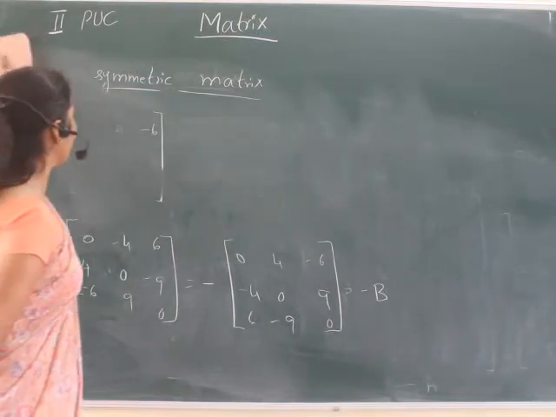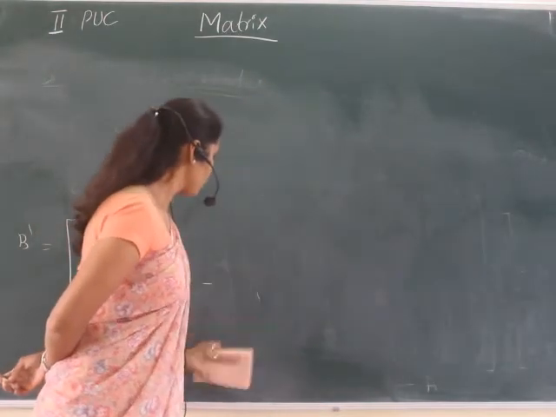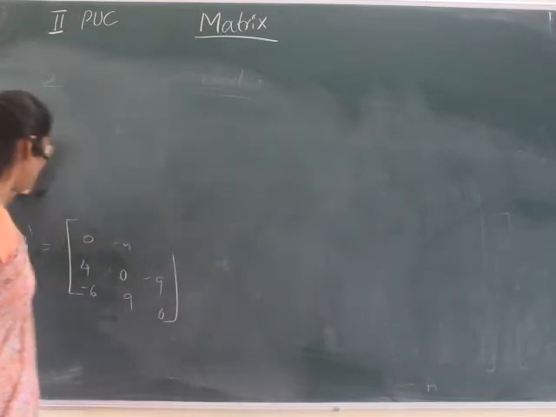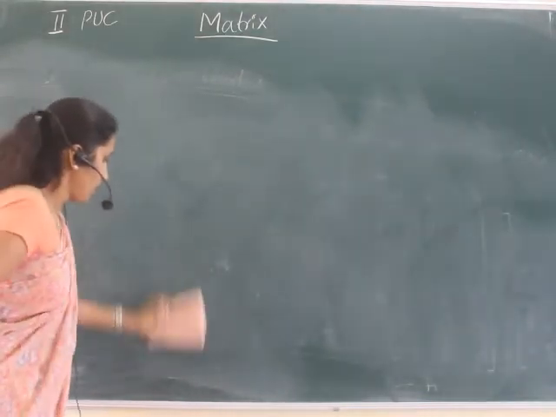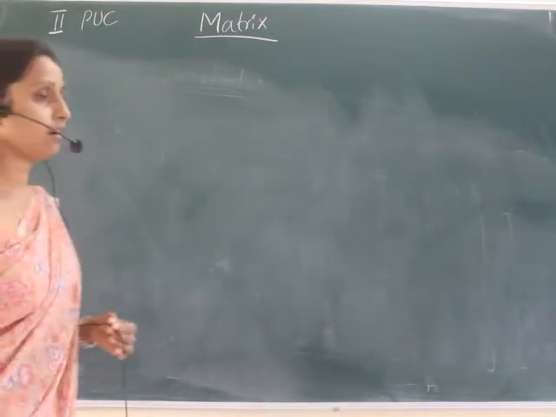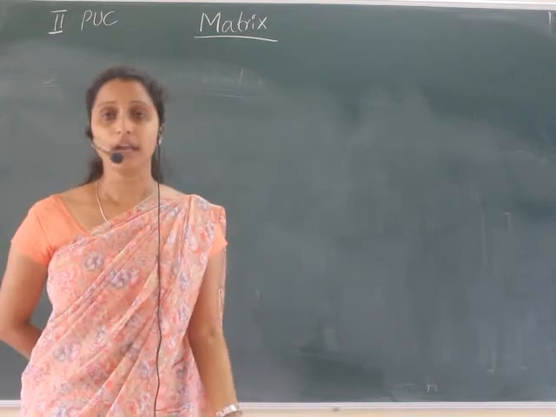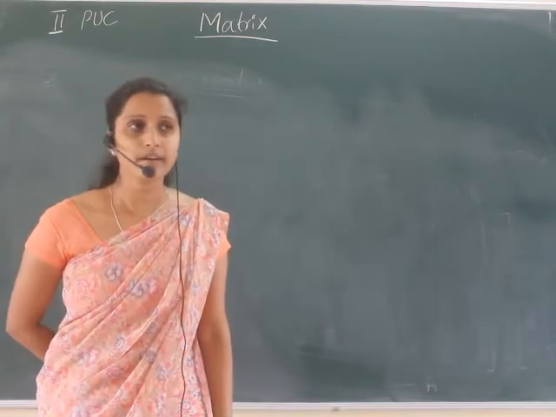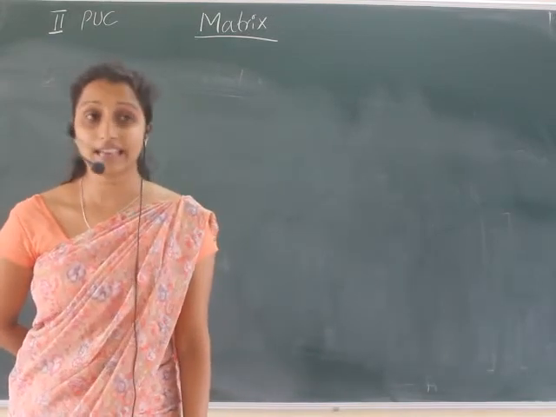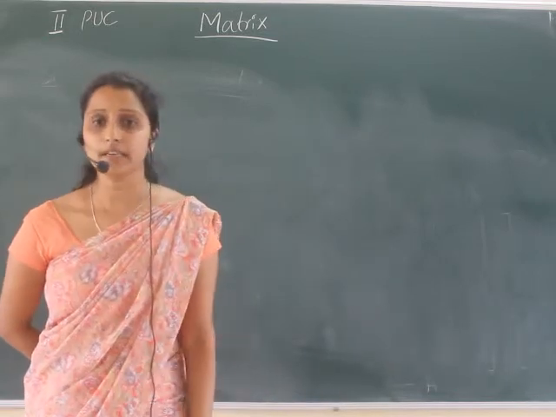So these are the two main types of matrix, symmetric and skew symmetric matrix. These definitions are very important, for 1 mark questions. They may ask you to write unit matrix, square matrix, diagonal matrix, scalar matrix, symmetric matrix or skew symmetric matrix.